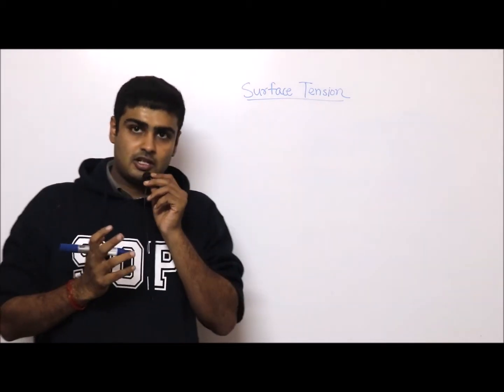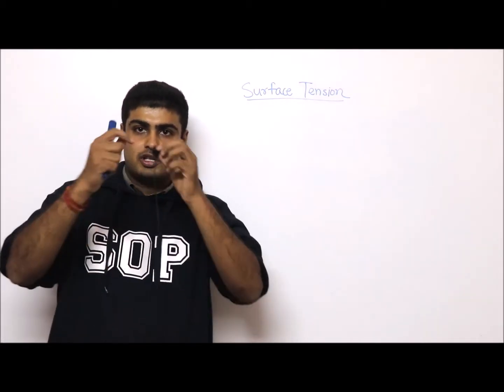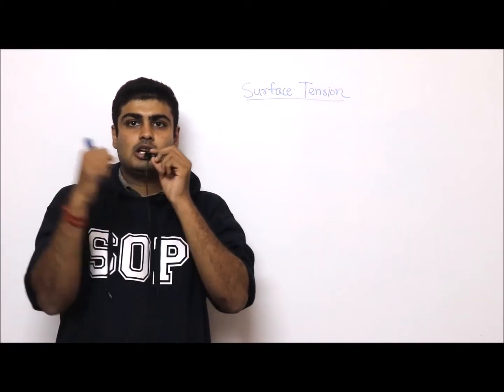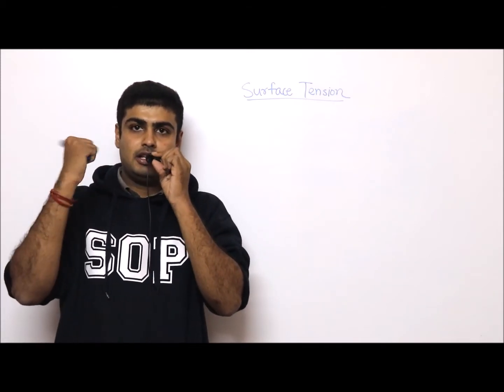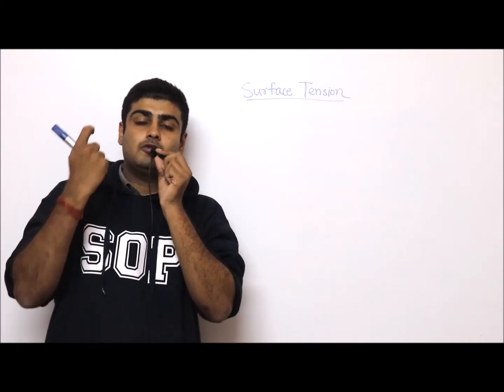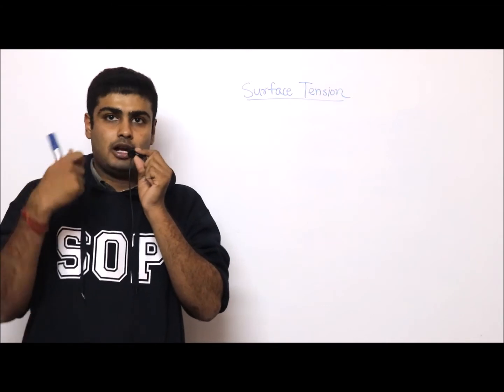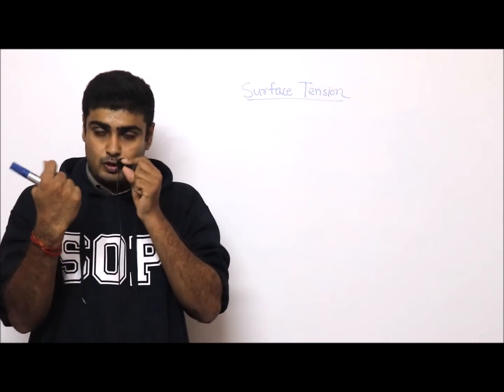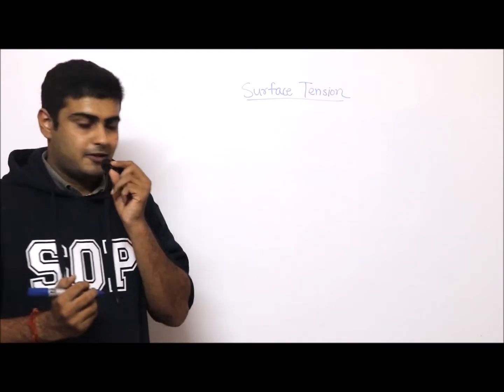So surface tension is the amount of work. Suppose there's a balloon, and I pull this balloon and increase its area. So the amount of work that will be required to increase its area by 1 unit is called the surface tension.